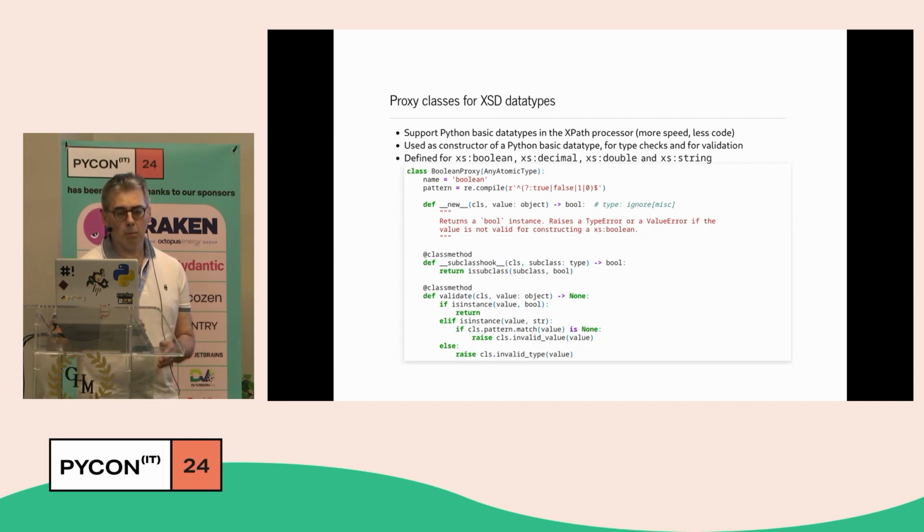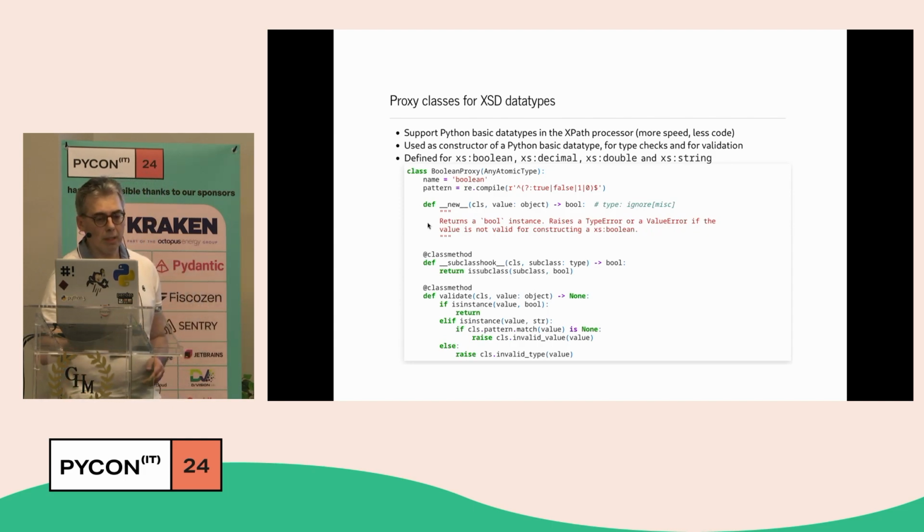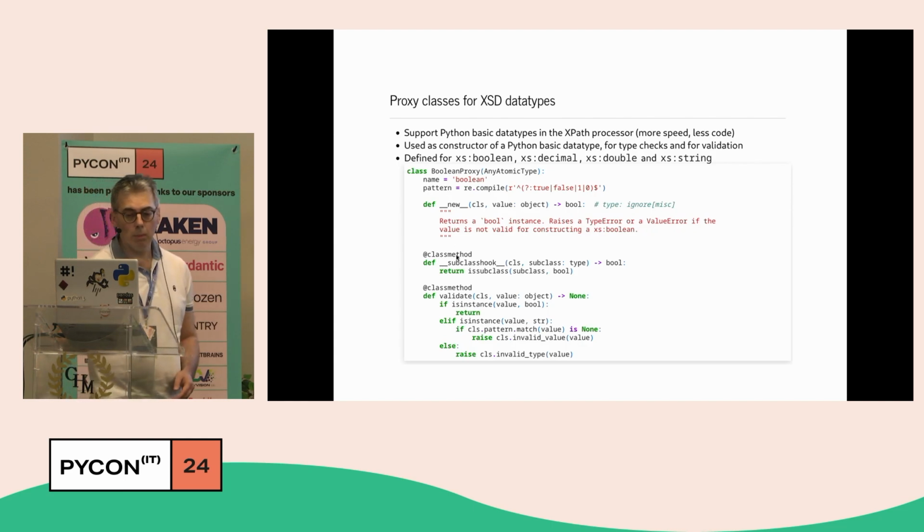So xs:boolean is validated. The creation of an instance is done by a Boolean proxy that returns a Python Boolean. The subclass hook permits to check the instance.